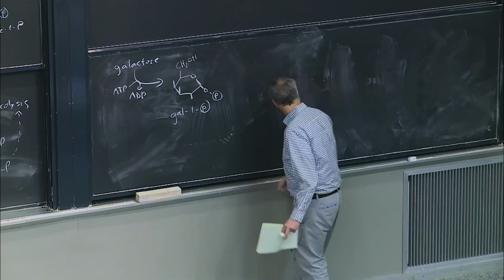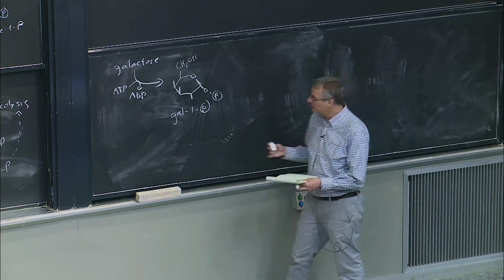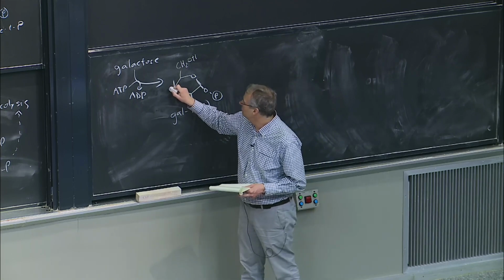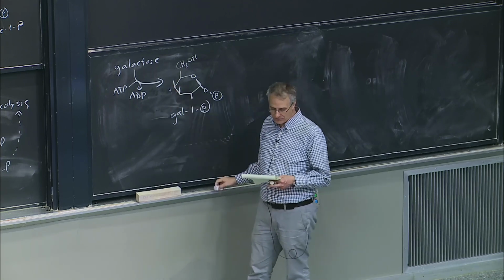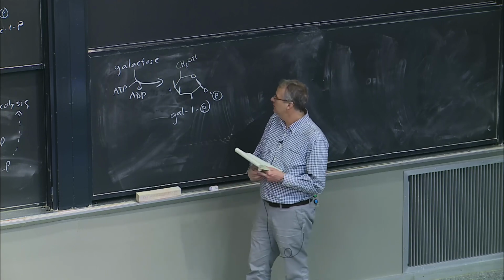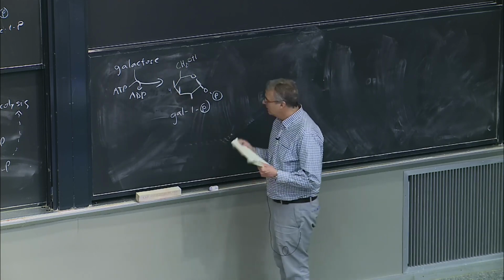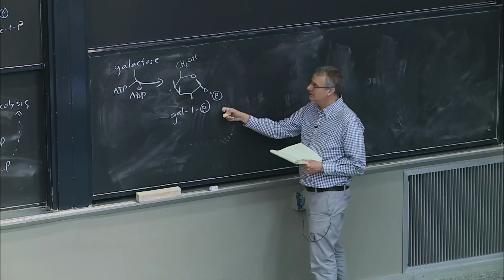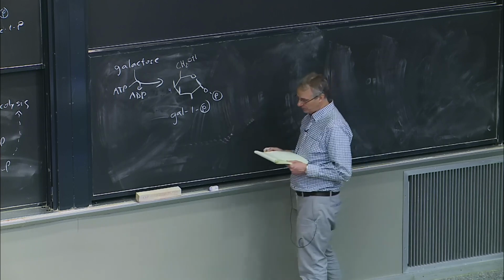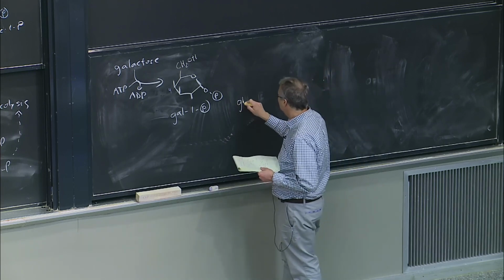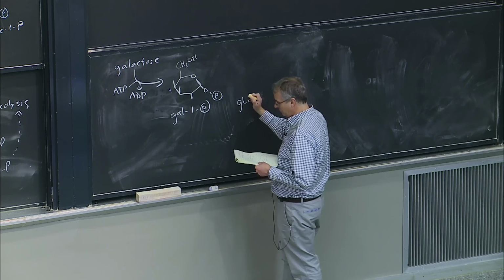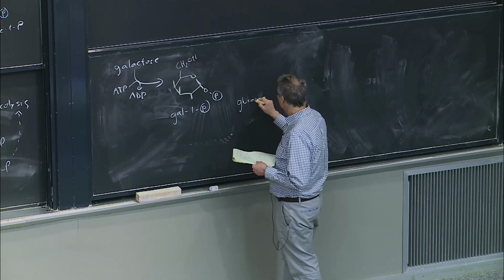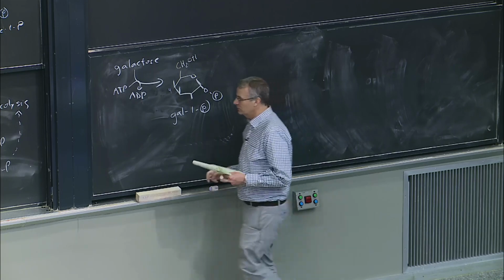Remember, galactose is an epimer of glucose, so it differs from glucose here by the stereochemistry of the hydroxyl group at this 4-carbon. And so the way galactose, once it's trapped as galactose 1-phosphate, is metabolized is it will react with UDP glucose.